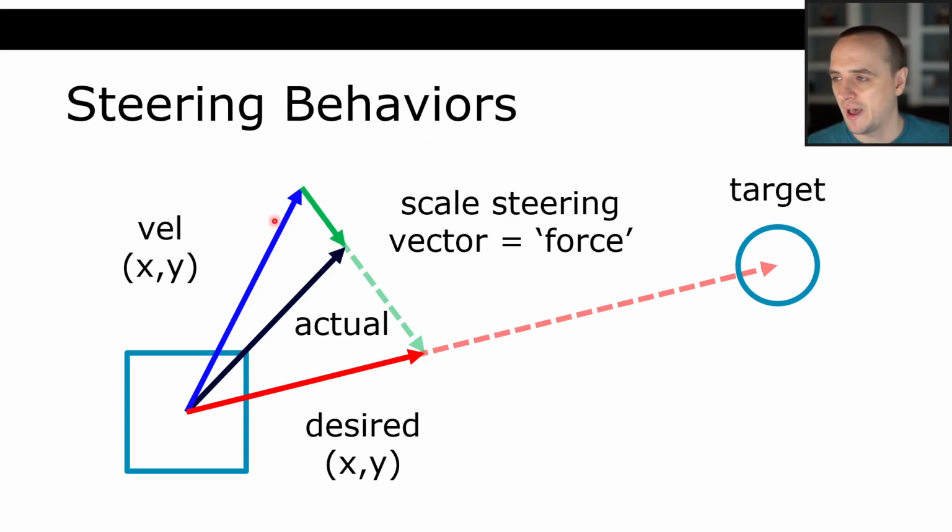I've called this black vector here actual. So we've got our current velocity, and we scale the steering force that heads us toward the desired velocity. When we make that change from our current velocity, that is the actual velocity that we will be going on the next frame.